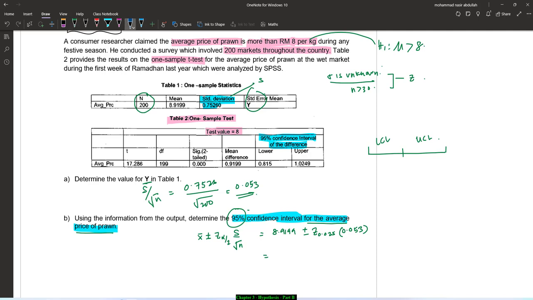Ahmad Faizal Tajuddin, what is the lower confidence limit? Ahmad Faizal?